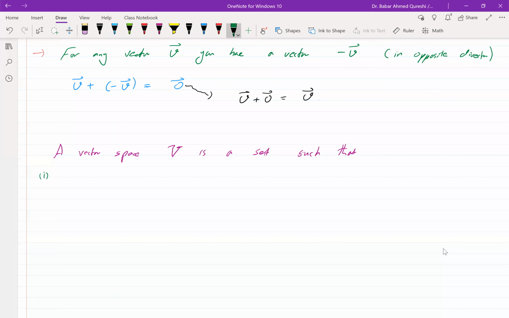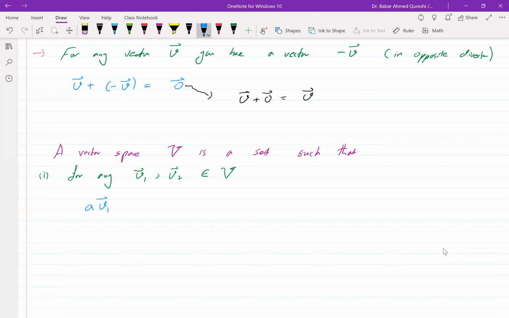So the properties you have to list is that if I take two guys from the set, now this could be a geometric vector, a column vector, or any other object, then I should be able to add them and scale them.